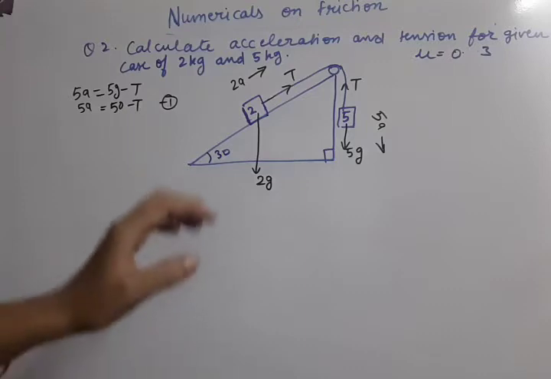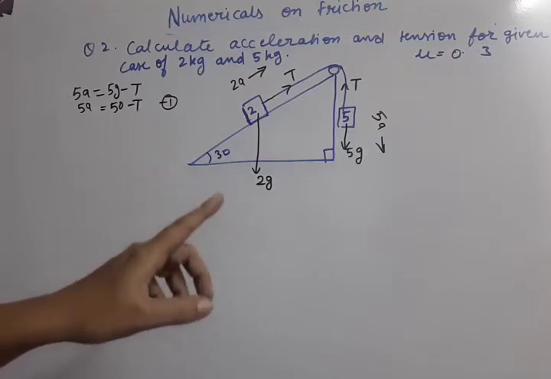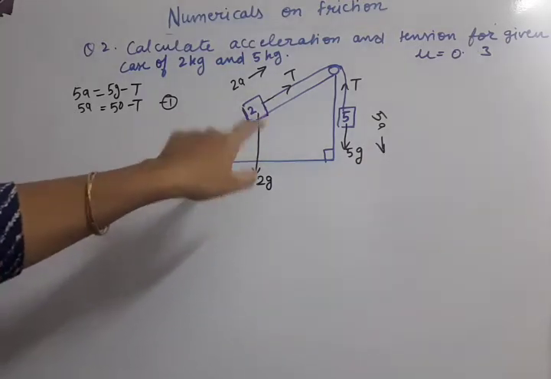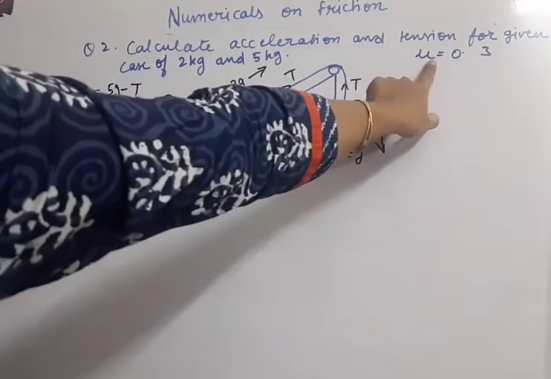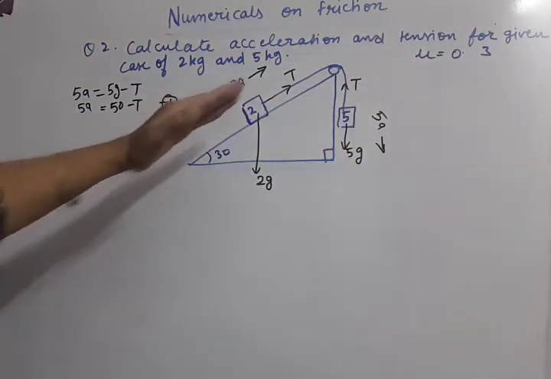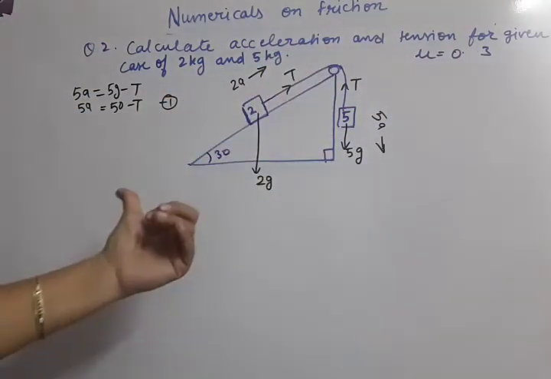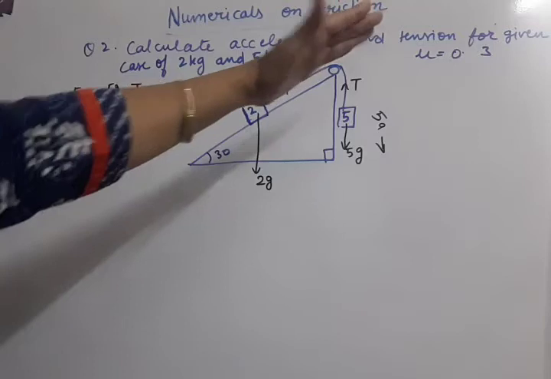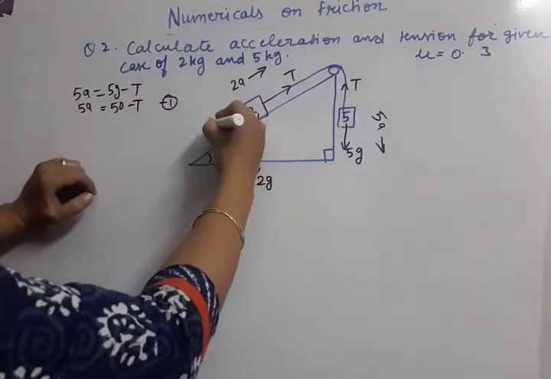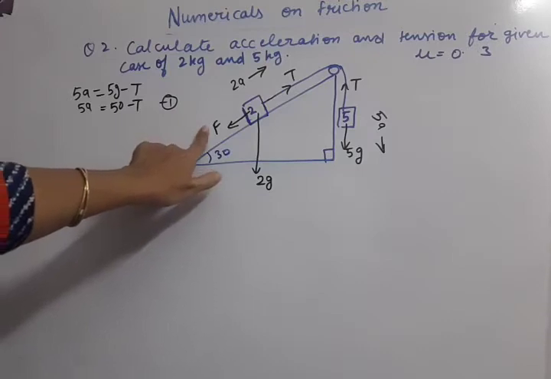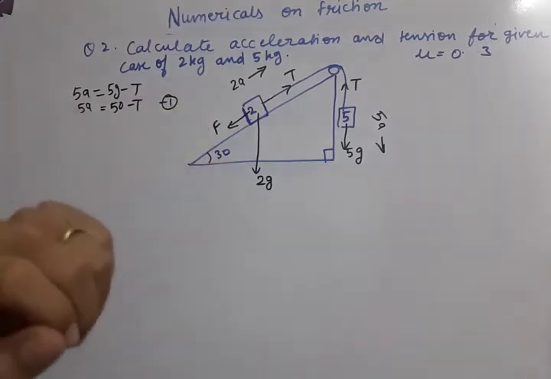Now, in all previous questions, a frictionless surface was given, so we did not take any friction. But now in this question, mu is given, meaning the coefficient of friction is present. That means if the body is in motion in this direction, then opposite to motion, parallel to the surface, friction will be present. So here one extra force, friction, is present. In this chapter we have to take friction forces also. Now what other force can be there other than friction?